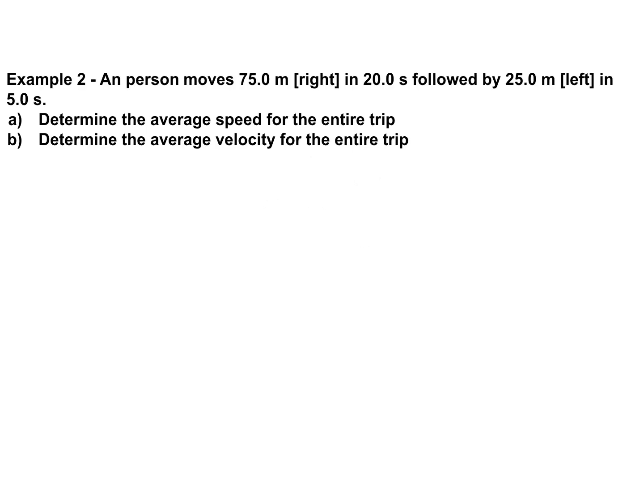Okay, so we will do some examples. A person moves 75.0 meters to the right in 20.0 seconds, followed by 25.0 meters left in 5.0 seconds. Determine the average speed, determine the average velocity. So I'm going to draw a little picture here. So this can be the start, and they go 75.0 meters right, and then we'll turn around and go 25 meters left.